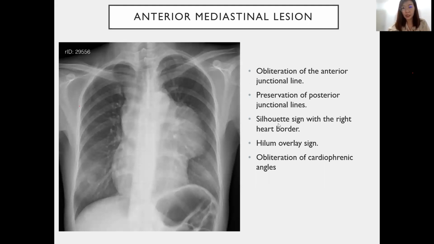There is silhouetting of the right heart border, and the hilum overlay sign is present, meaning we can still see the hilum through the opacity. That is the hilum overlay sign, meaning the lesion is sitting in the anterior mediastinum. If the lesion is located lower down here, it will obliterate the cardiophrenic angle.